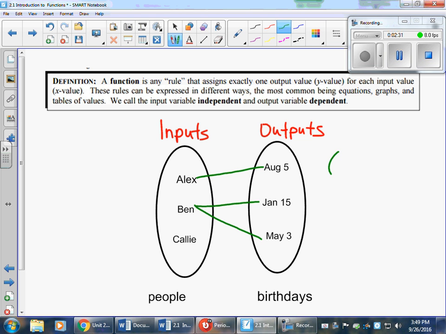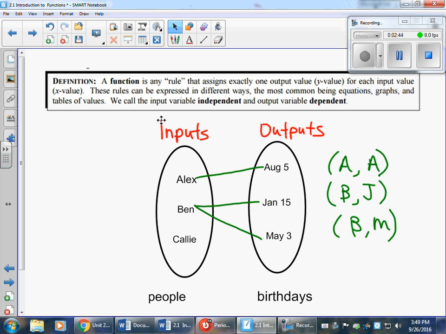So can you have Alex being August 5th and then Ben being January and also being in May? And the answer is, of course, no. This is not allowed. You are not allowed to have those x values repeating in a function.